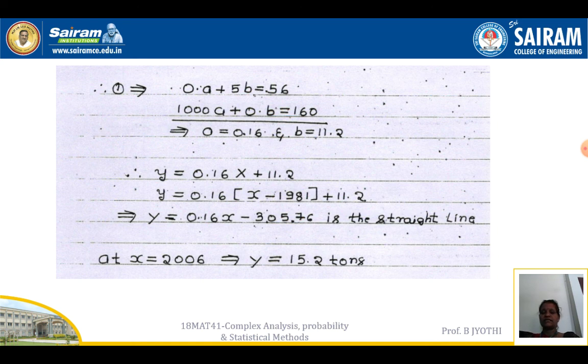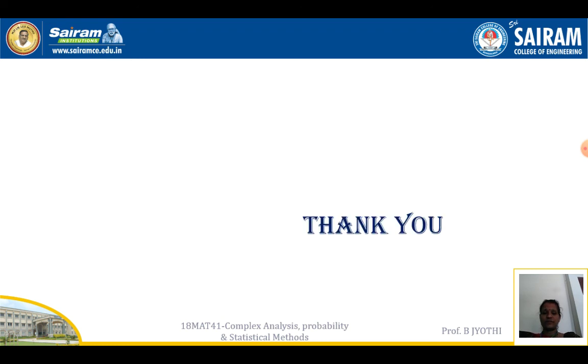Now, since x is 2006, when we substitute 2006 in the equation, we get 15.2 tons, which is what is required. So in the year 2006, we will be producing 15.2 tons. Thank you.